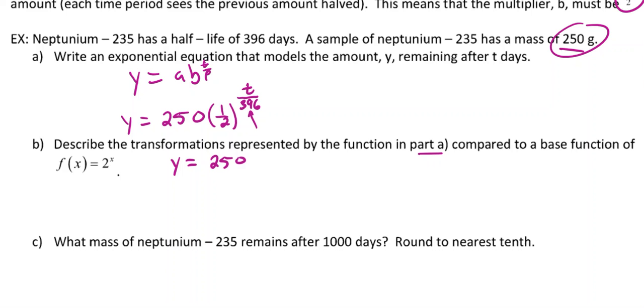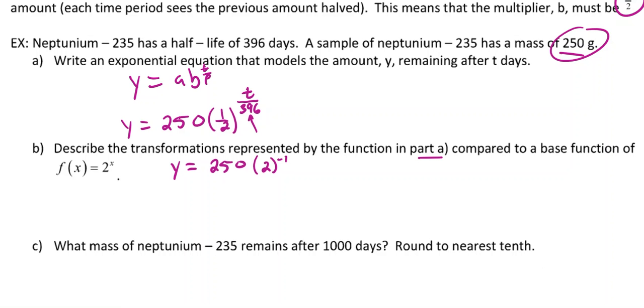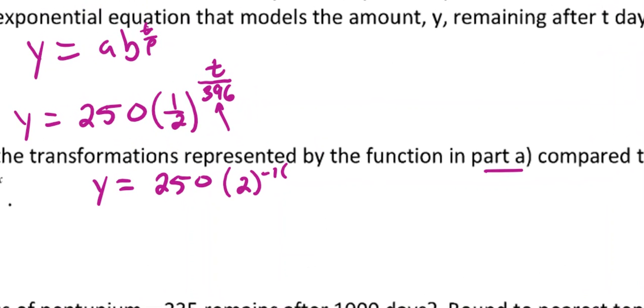And then I'm going to write this a little bit different though. Instead of 1/2, I'm going to write this as 2 to the power of negative 1. Right? It's the same thing. And then times t divided by 396.